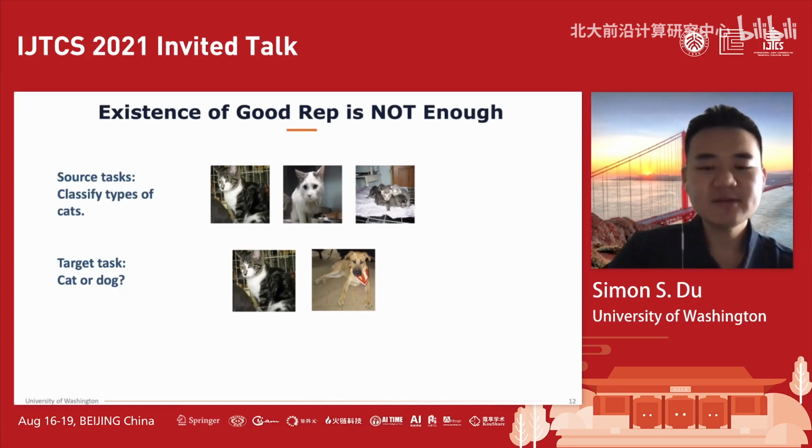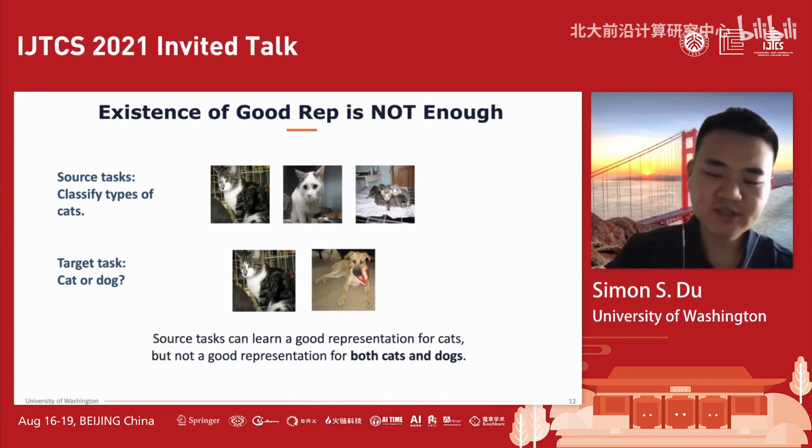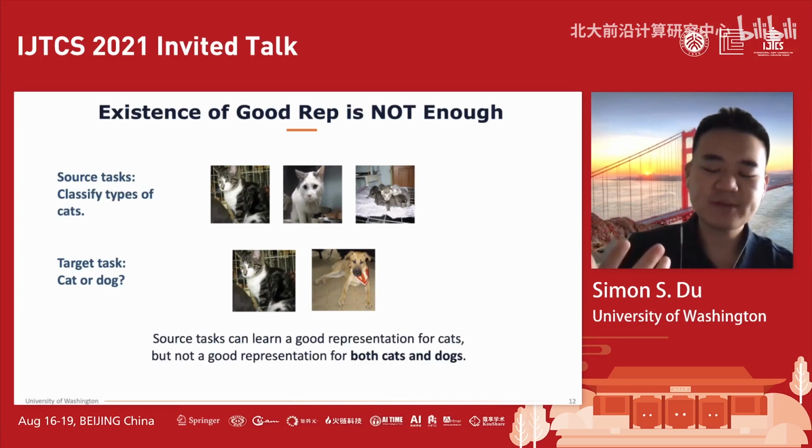So in this problem setup, you cannot hope that your learned representation is very helpful for the second target task. The reason is that the source task can help you learn a good representation function with feature structure for cats. Given a cat image, the representation function gives a very good vector that represents the cat.